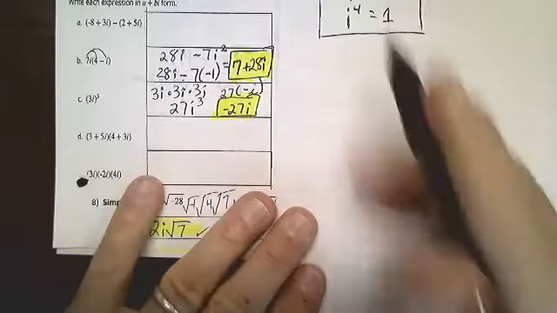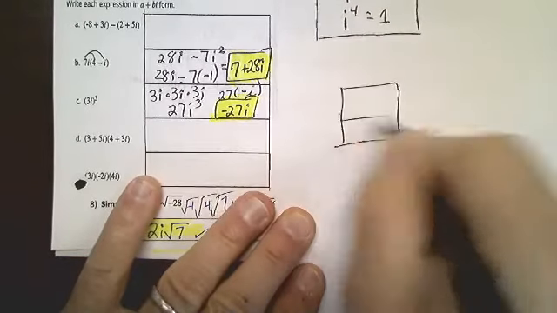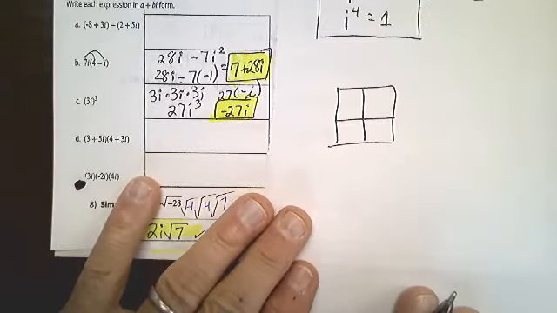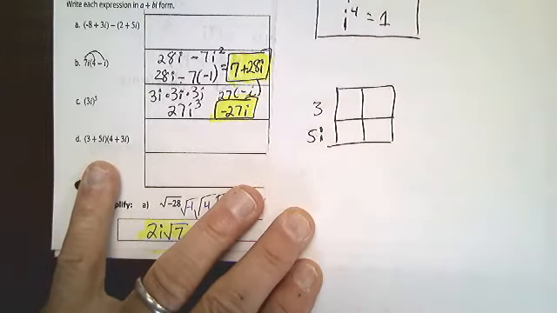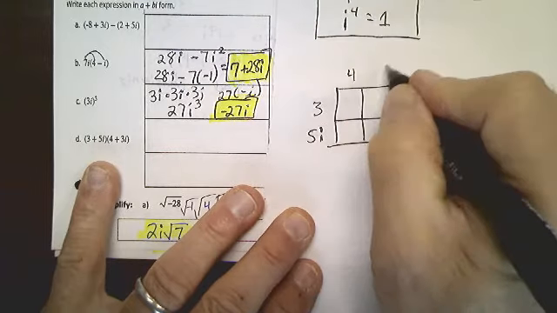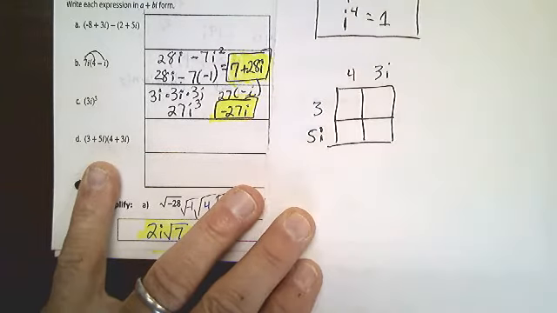So here we go. I'm going to turn this into a box like this. Letter D, I'm going to put 3 plus 5i along the vertical, and 4 and 3i along the horizontal.